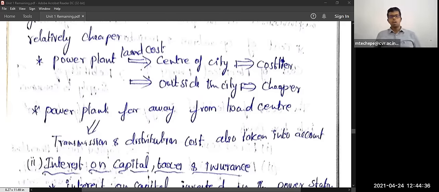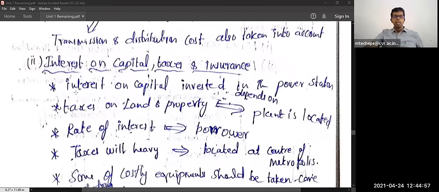So any government, the Ministry of Power or a state government, if they want to install a power plant, first they will review the economic status of that particular government. The economic status might not be strong, because they have to run the government.